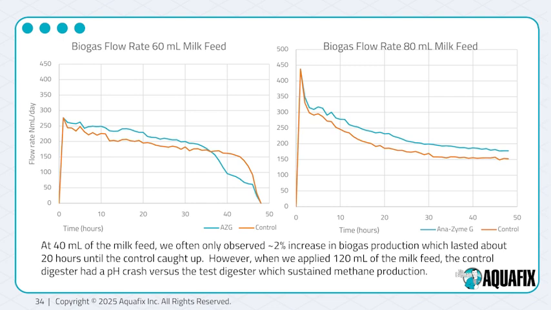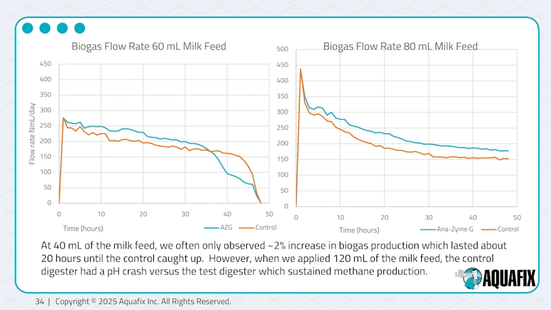But when we increased to 60 milliliters of milk feed, we noticed that we were actually maintaining a higher methane production rate all the way to about 35 hours in this study, at which point the control actually produced more because Enzyme G ran out of substrate. So we were approaching our goal for straining the system.